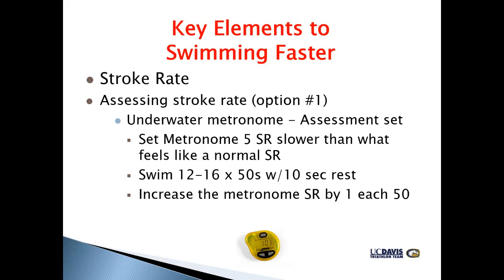So you may need to swim several 50s with the metronome in order to establish what your current stroke rate is, based off of those moderate effort 50s. Then set the metronome at 5 beats lower than that.